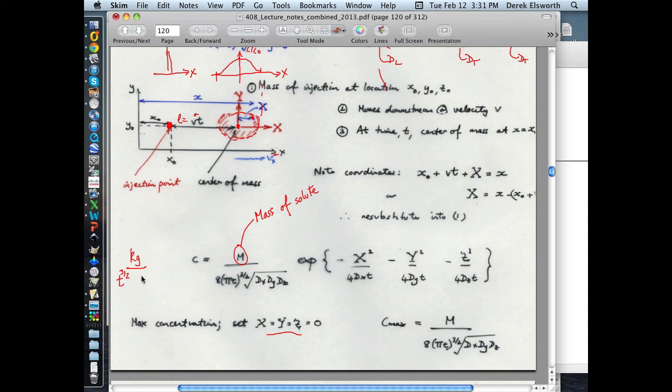So this would be meters squared cubed, so I guess that's meters to the 6 over time to the 3rd, and those are the only dimensions we have in there. And so this would be in units of, does it work out?